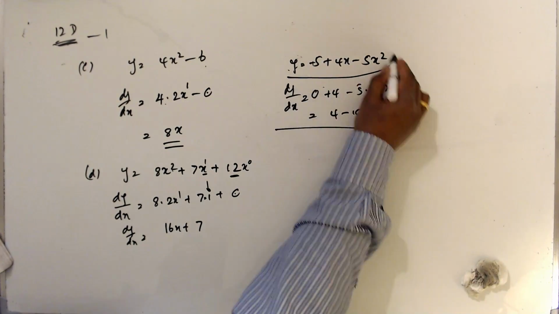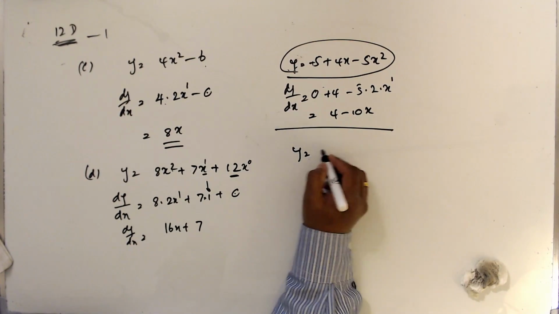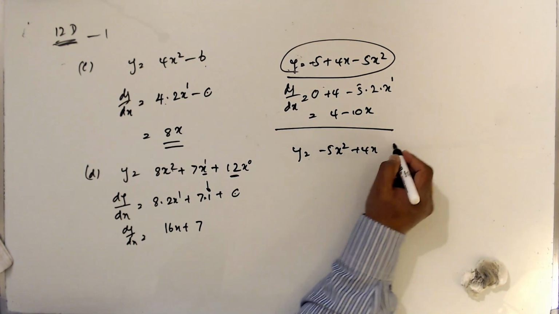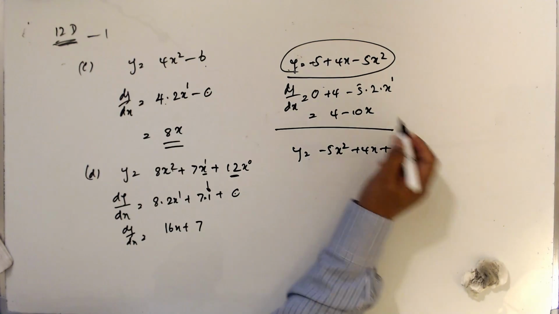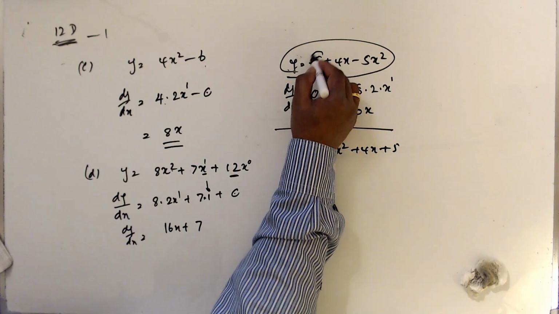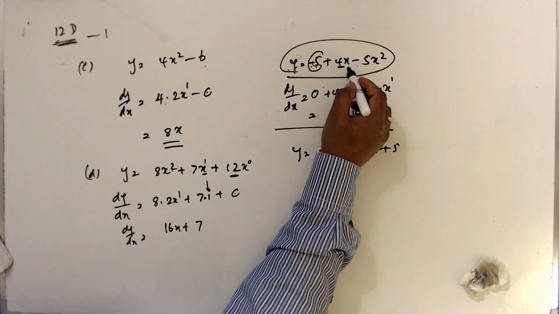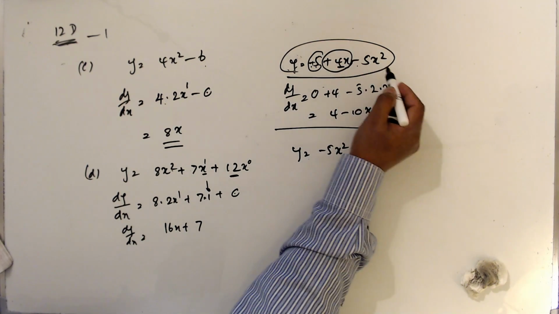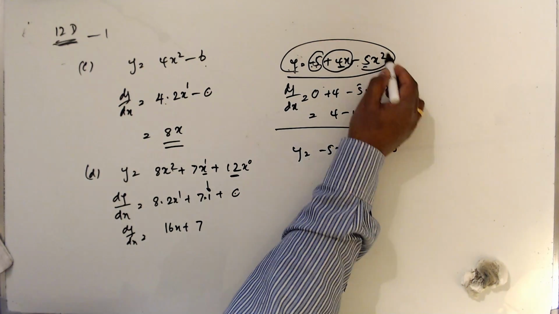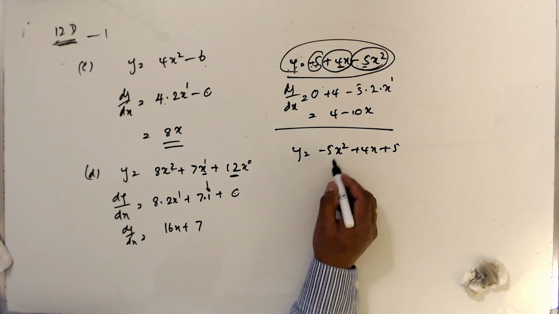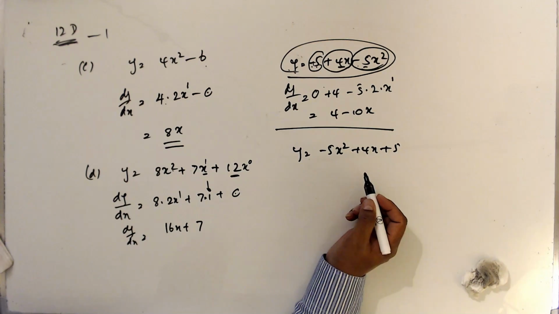So you can adjust this one the way you like. Always the 5 belongs to the left-hand sign, the 4x belongs to its left-hand sign, not minus, and the 5x squared belongs to its left-hand sign, minus. So you can rearrange like this.